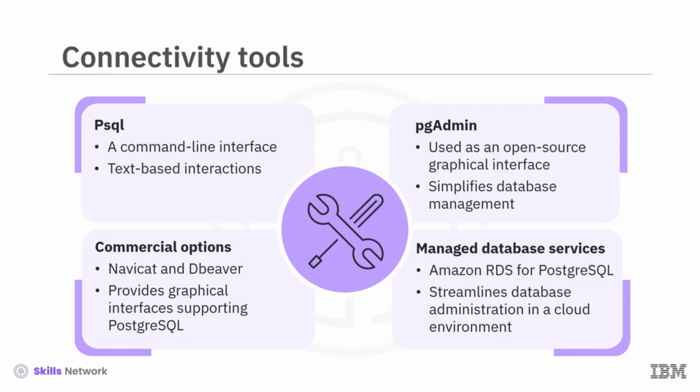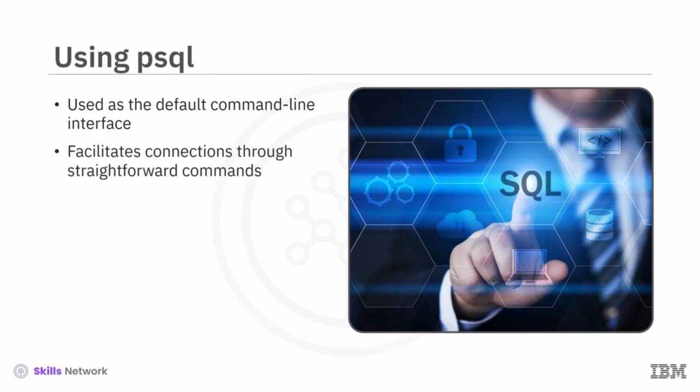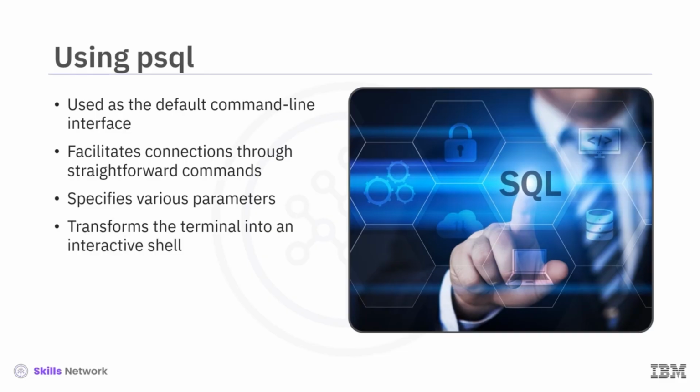PSQL is the default command line interface for interacting with PostgreSQL databases. It facilitates connections to PostgreSQL servers through a simple command, allowing users to specify parameters such as username, database, host, and port. Once connected, PSQL transforms the terminal into an interactive shell, supporting real-time execution of SQL commands, including various tasks, from creating databases and tables to performing complex data queries.